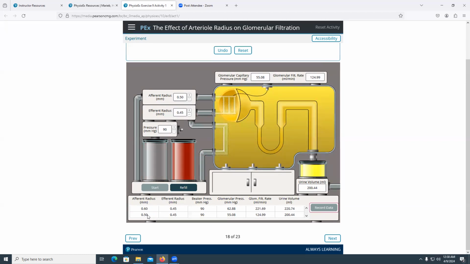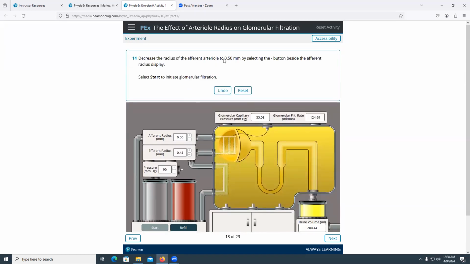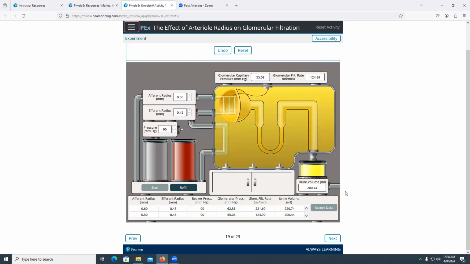Record data. Now, the next step would be refill.